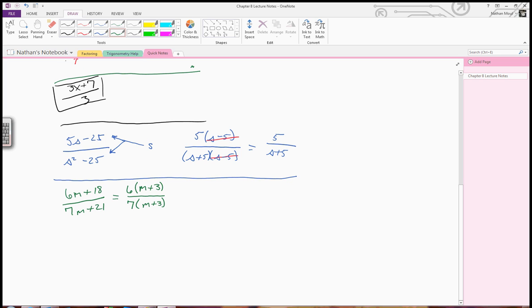That's great, because now we can simplify this entire fraction by these two canceling one another out, creating 1 over 1, and giving us our answer of 6 over 7. Again, this is just a very basic rundown of rational expressions.